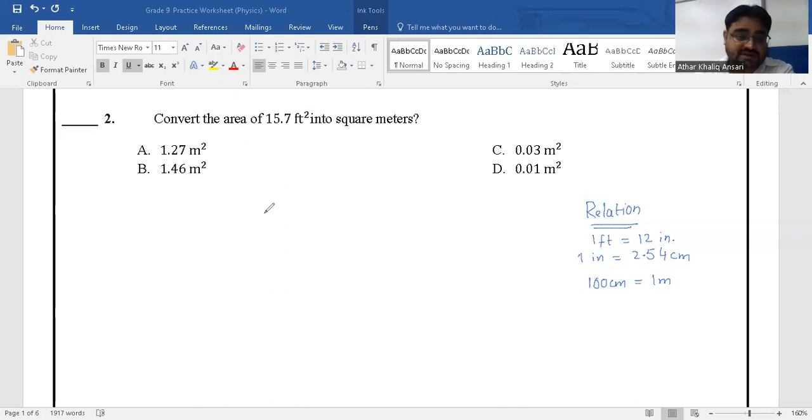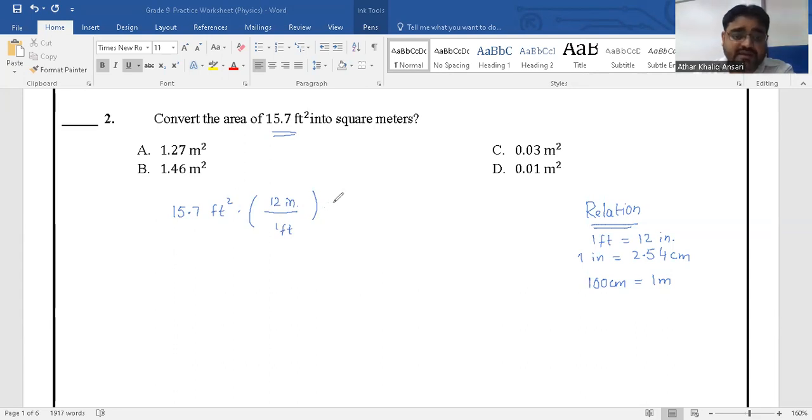So I will start from the given value. The given value that I have is 15.7 square feet. Then I will convert the feet into inches. So I need inches, so I will put inch above. 1 foot is 12 inches, so 12 inches over 1 foot.